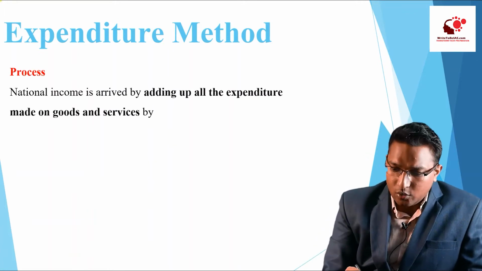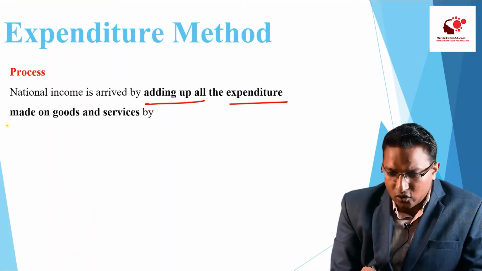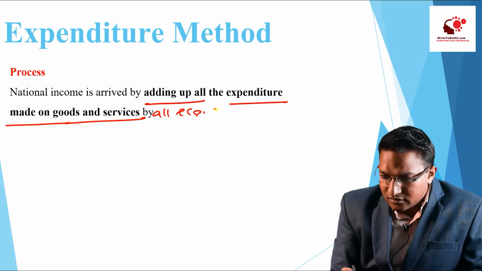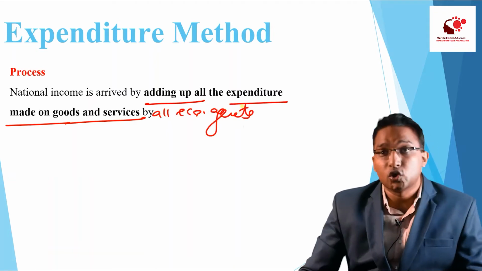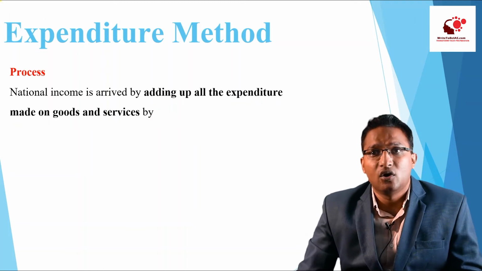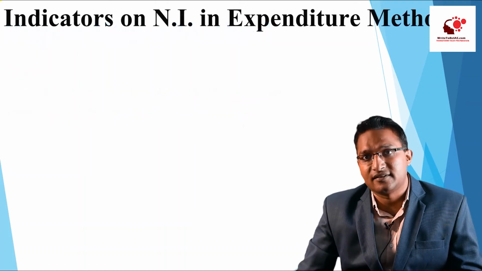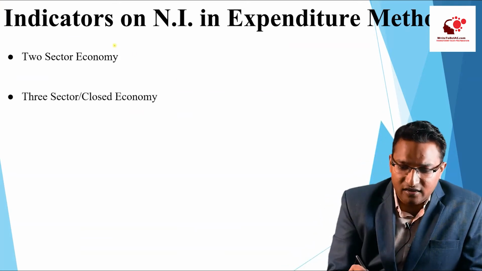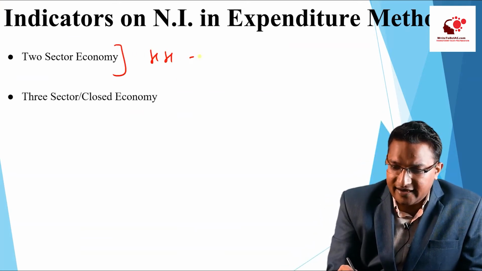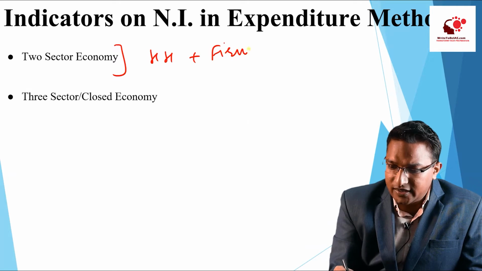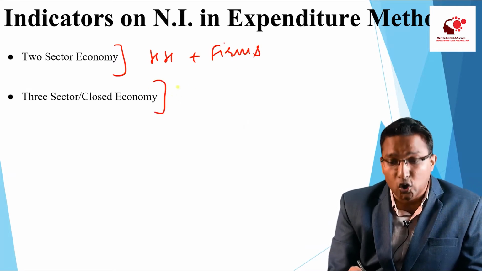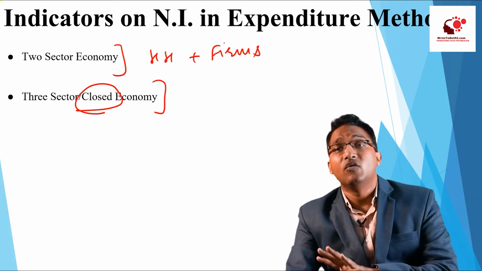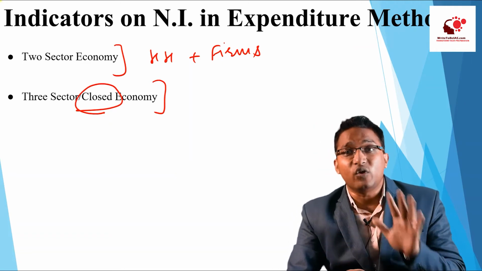We add up all the expenditure made on goods and services by all economic agents. So the expenditure which is done by all economic agents, we see that. And we see that in two sector economy where the household and firm are the two players. In three sector, a closed economy. Why do we say that it is a closed economy? Because here we are not considering the foreign sector.